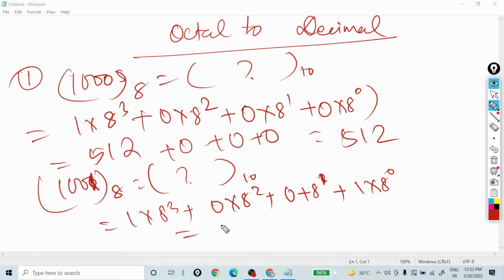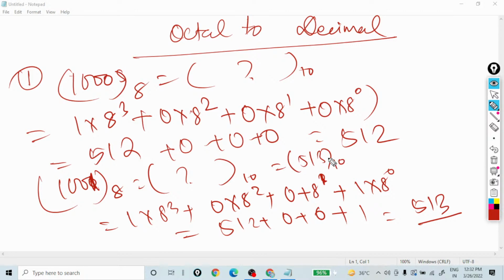That equals 512 plus 0 plus 0 plus 1. So the answer will be 513, base 10. So this is octal to decimal conversion. We have taken two examples: one is 1000 and the second is 1001.